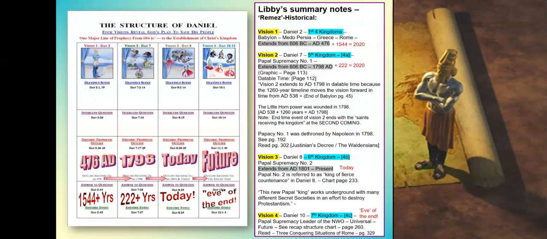I'm talking about the Protestant Reformation in the Dark Ages. I don't know if everybody knows this history or not, but while Rome was ruling, basically from 538 to 1798, this is where there were reformers that were beginning to come forward, slowly at first, but it was called a Protestant Reformation. Are you familiar with that, Sharon?